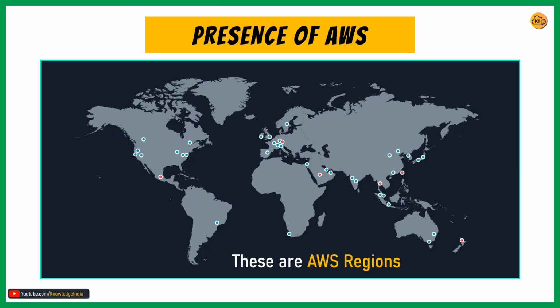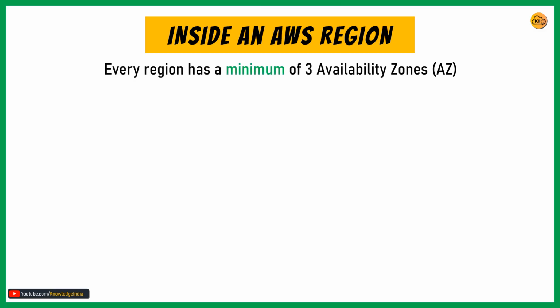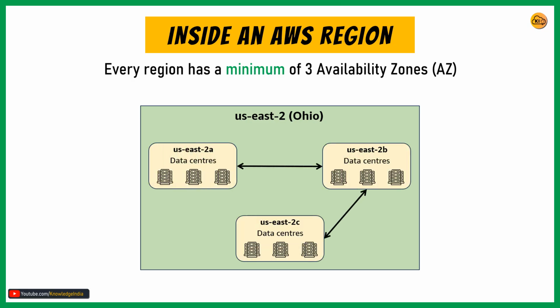These regions are further composed of 3 or more availability zones, which are physically isolated from each other but connected via their private network within a region. An availability zone further contains multiple data centers.